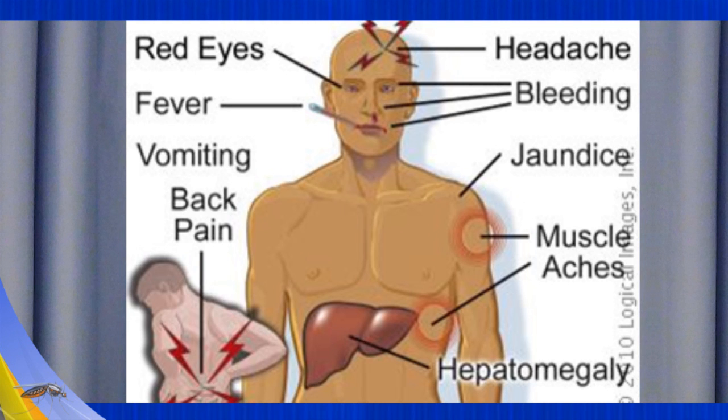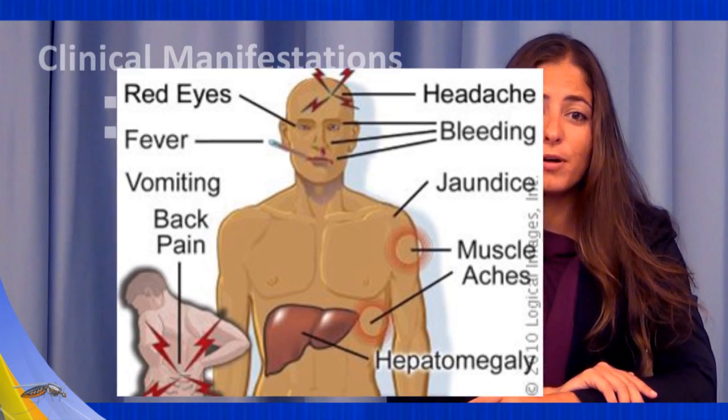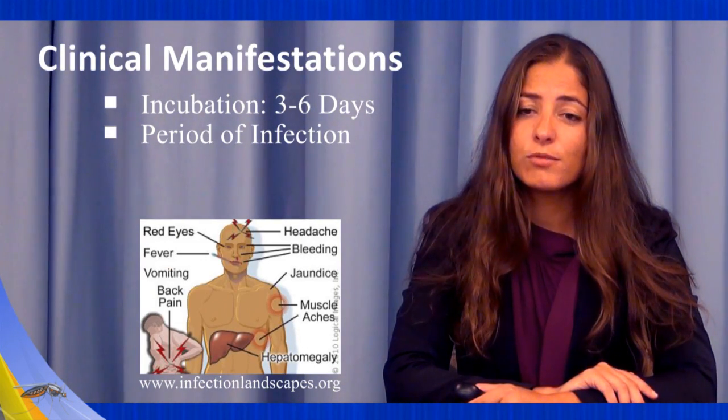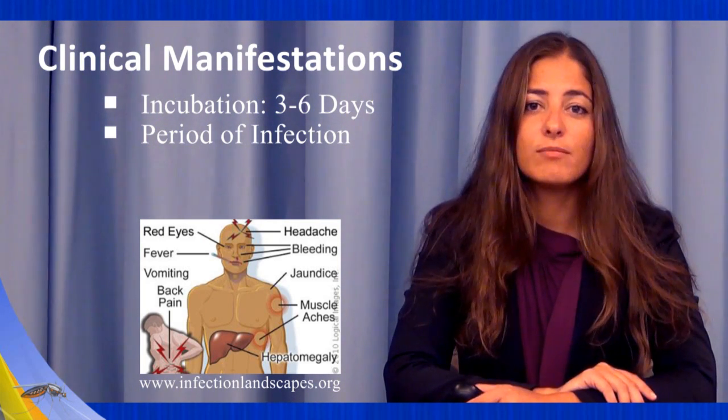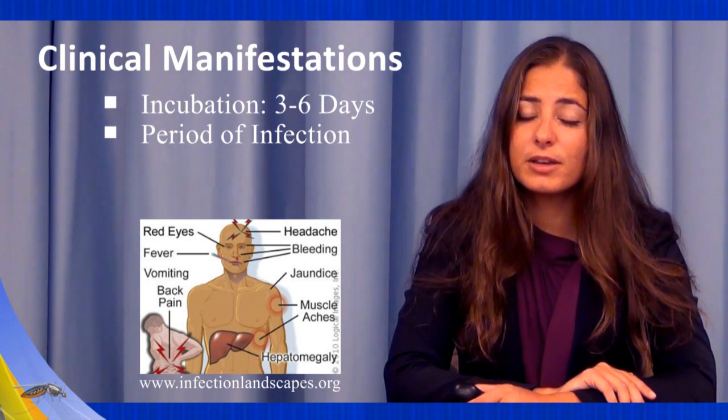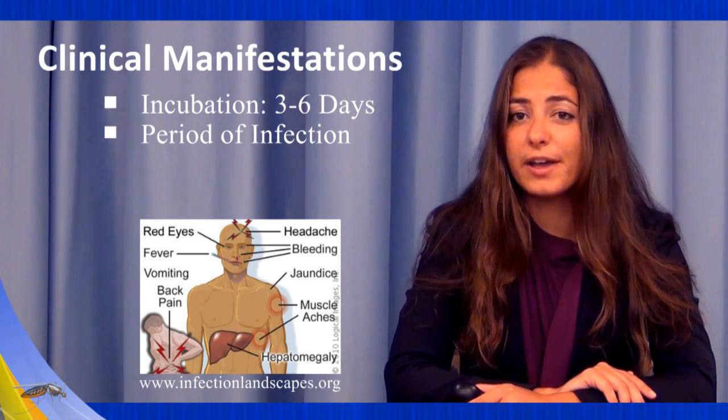Tender hepatomegaly may also be present, as well as Faget sign, described as pulse temperature dissociation, whereby there is relative bradycardia despite high fevers. Moreover, the tongue may develop characteristic erythema along the tip and sides with a central white coating.